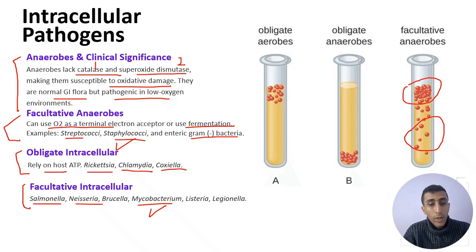And this is why we get granuloma, as the body tries to limit this infection by forming a granuloma of these macrophages around them. And Salmonella infects Peyer's patches in the GI tract and may use the macrophages as a vehicle to transfer across the body. So these are facultative intracellular organisms, Salmonella, Neisseria, and the Mycobacteria, versus the obligate intracellular such as Rickettsia, Chlamydia, and Coxiella.